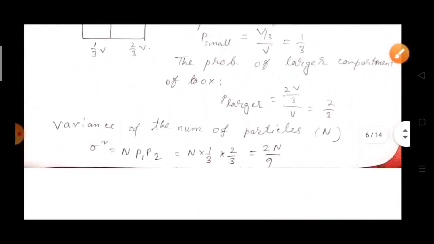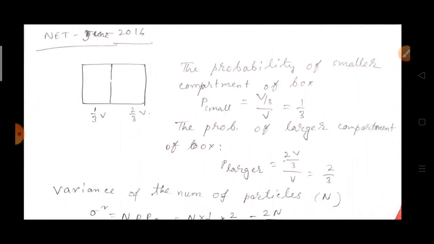So what you have to do is first find out the probability of the particle being within the smaller box and the probability of the particle being within the larger box.